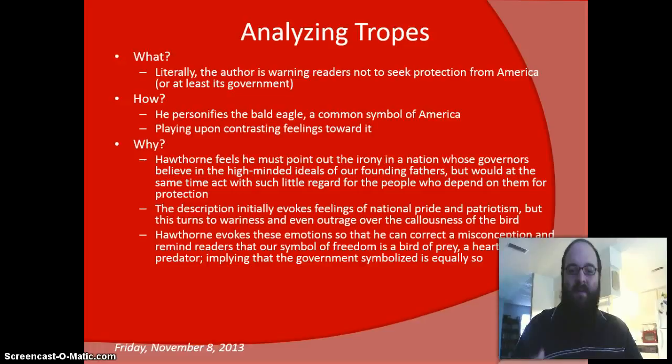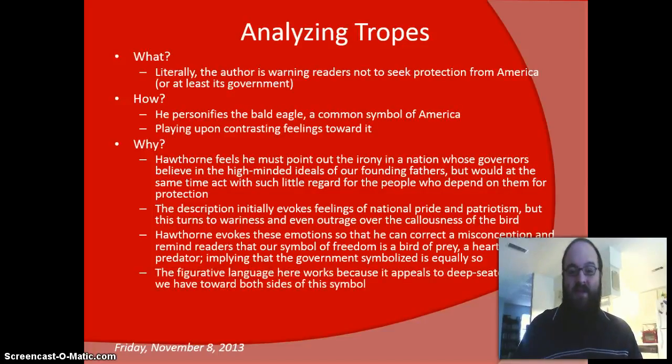He evokes these emotions so that he can correct a misconception and remind readers that the symbol of freedom that our nation has chosen is a bird of prey, a heartless predator, implying that the government is somehow symbolized. The government that's symbolized in the bald eagle is equally a sort of heartless predator, at least from Hawthorne's point of view.